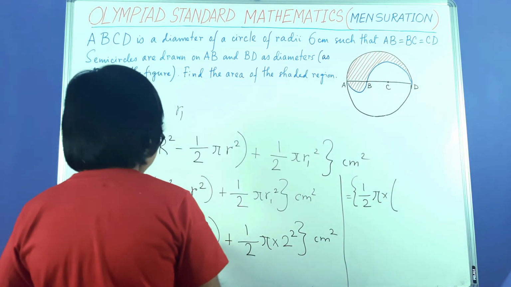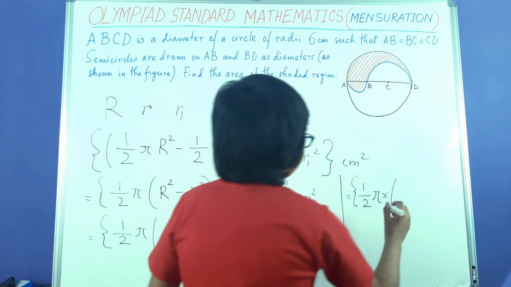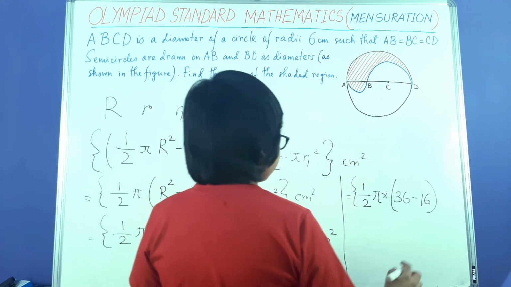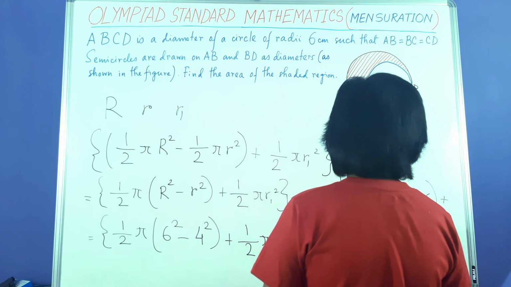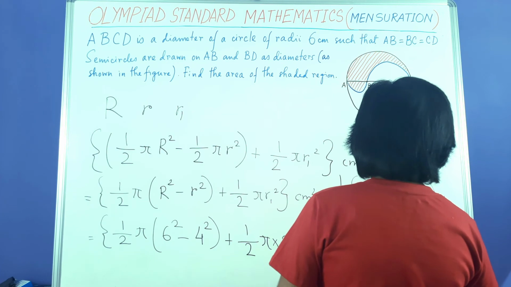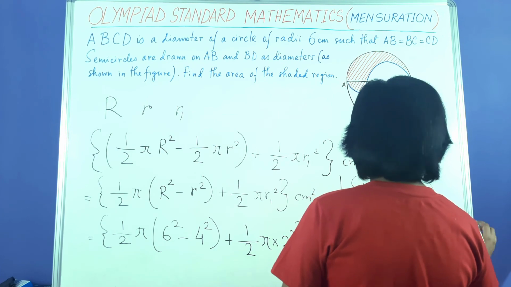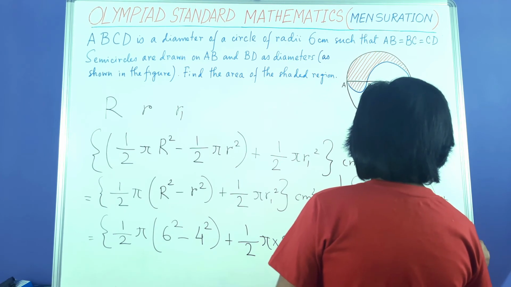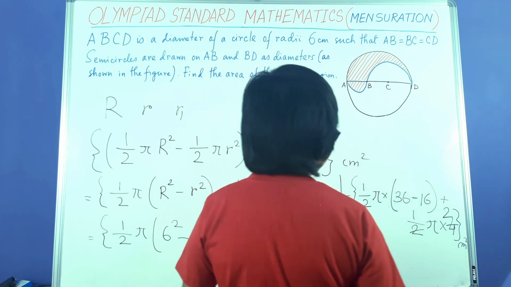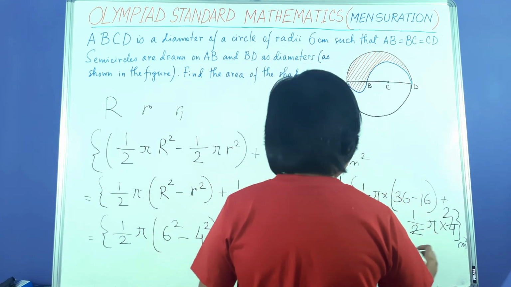Now we move on to our next step: 36 minus 16, plus, I'm sorry, it's not getting accommodated here, 4. Cancel this out, we get 2 here, and we calculate mentally.